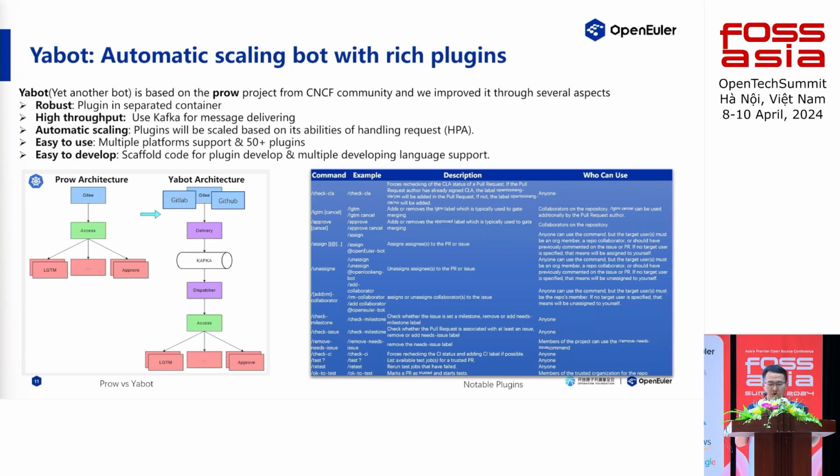For example, if a developer submits a new PR, the maintainers will use the bot application to check the commit, perform the CLA check, as well as sign or unsign a PR for someone and post comments on the pull request. Our bot application is named Yabert, which is based on the idea of the Prow project from CNCF, and we improved it in several aspects.